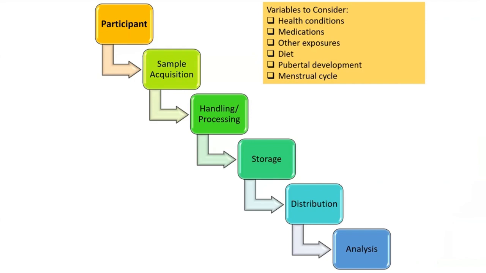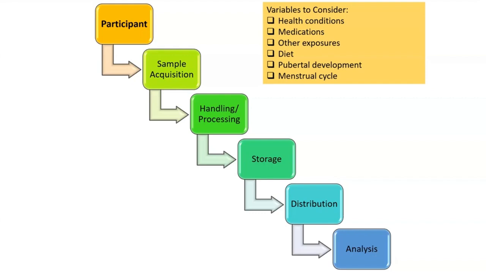Are they on medications that you might be picking up and might alter your sample as well? Are there other exposures that they may be encountering throughout their day? Maybe you're interested in exposures to something like arsenic, but do they have other exposures that might impact that exposure, or that you might be picking up that might alter the outcome that you're interested in?